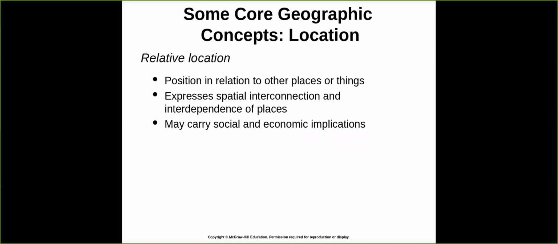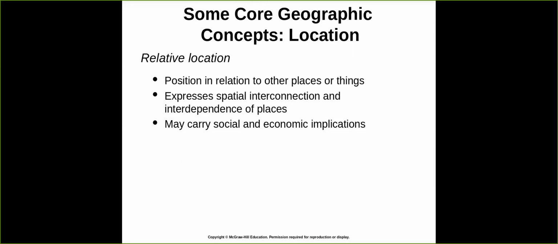Relative location concept is your position relative to other places or things. So where is Knoxville located? Well, Knoxville has an absolute location, but it also has a relative location. So the absolute location is sort of where is it, what are the boundaries of Knoxville, and then the relative location is going to be how is Knoxville situated with respect to Nashville, Atlanta, Asheville, places like this.